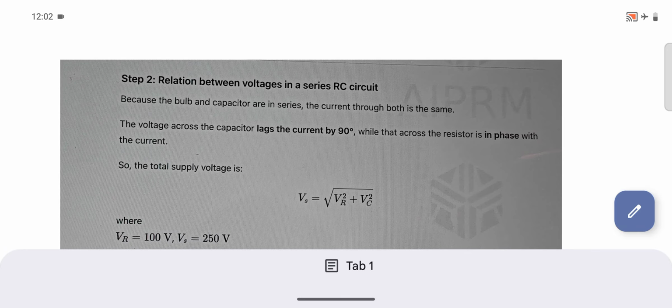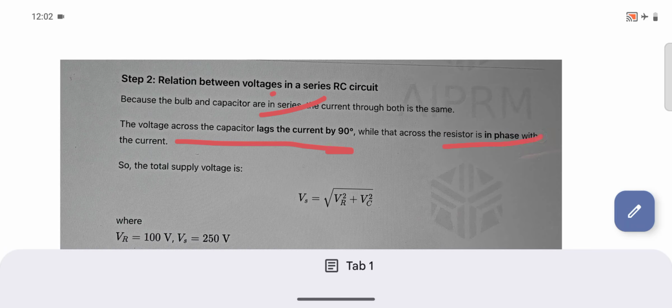The voltage across the capacitor lags the current by 90 degree, while that across the resistor is in phase with the current.